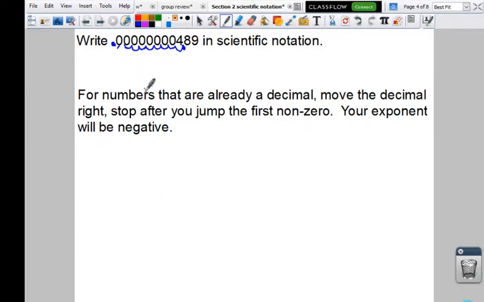I'd probably change these so they're not always 9. Okay, so I am going to move it over until I have 4.89. Let's see, I moved it 9 times, right? Better write that down so I don't forget it. Okay, just like last time, I'm going to drop all those zeros in front, and I have just 4.89.